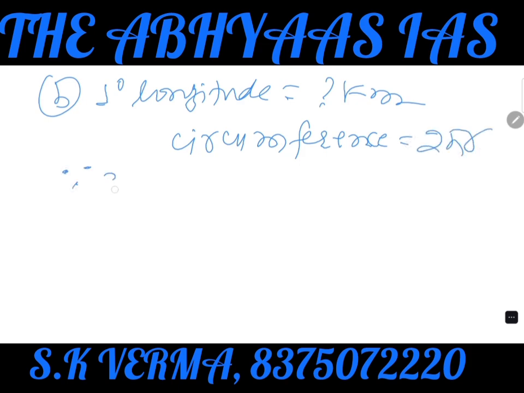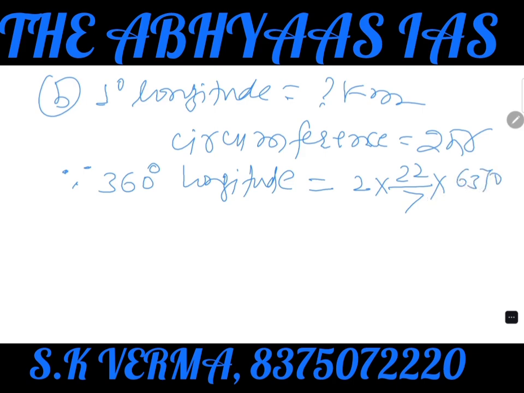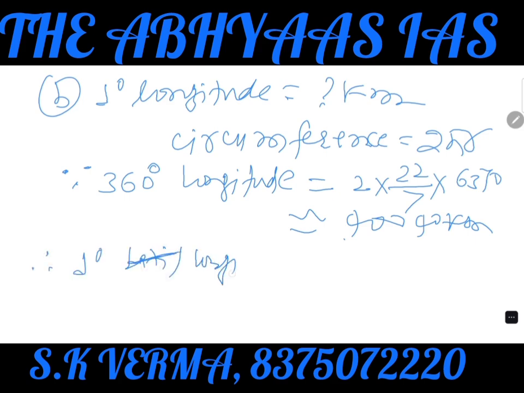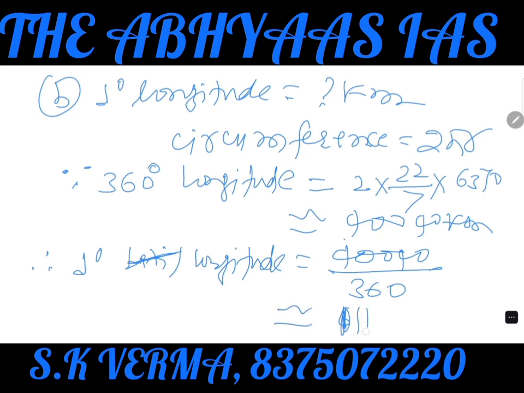Since 360 degree longitude is equal to circumference, that is equal to 2 into 22/7 into r, 6370, almost equal to 40040 kilometer. Therefore 1 degree longitude is equal to 40040 upon 360, which is almost equal to 111 kilometer.